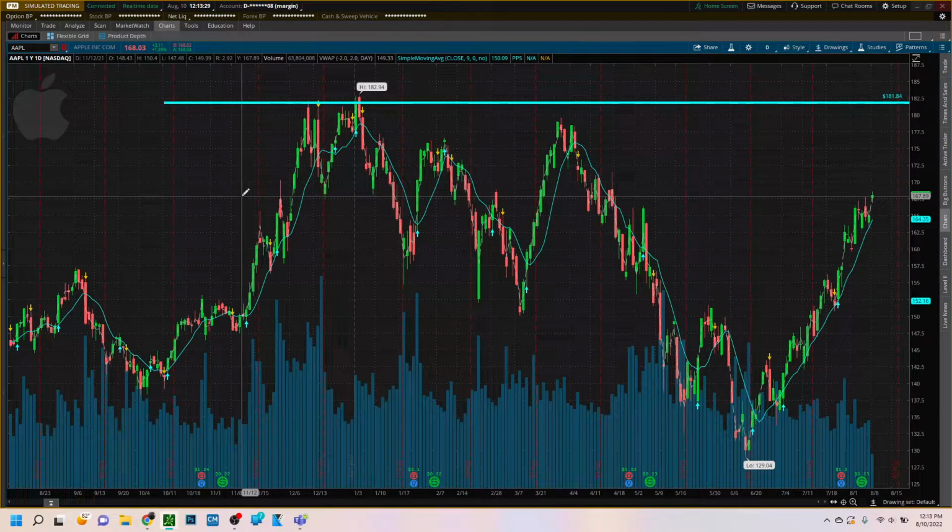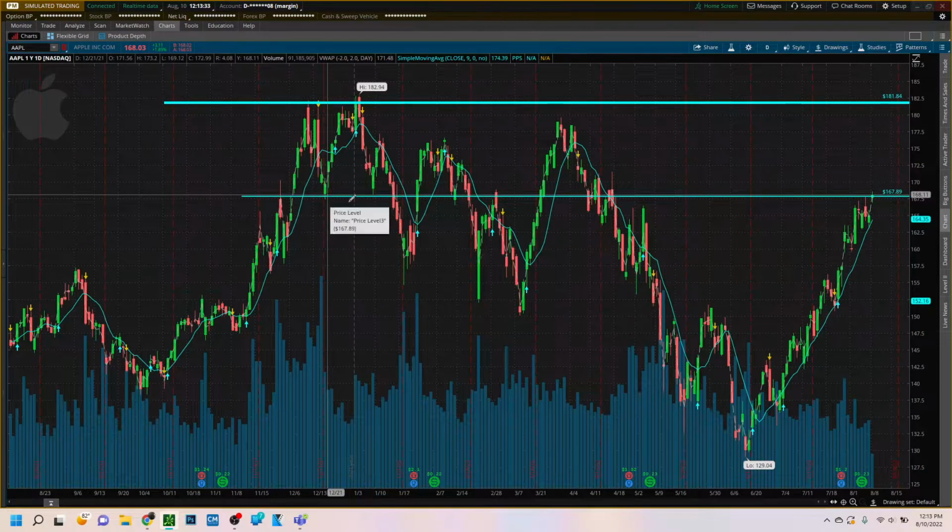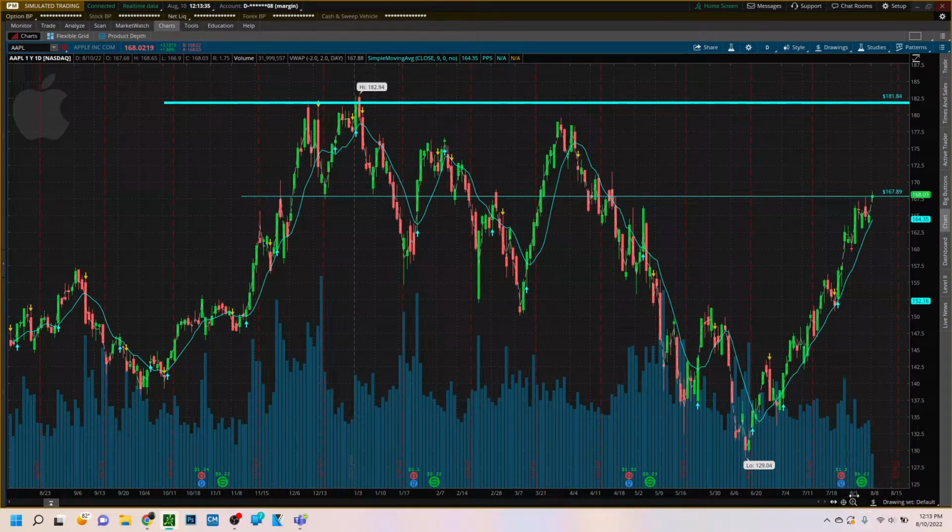This will be another one right here where you can see it dips down right here and it immediately bounces. It dips down right here, it immediately bounces. It dips down right here and it bounces.